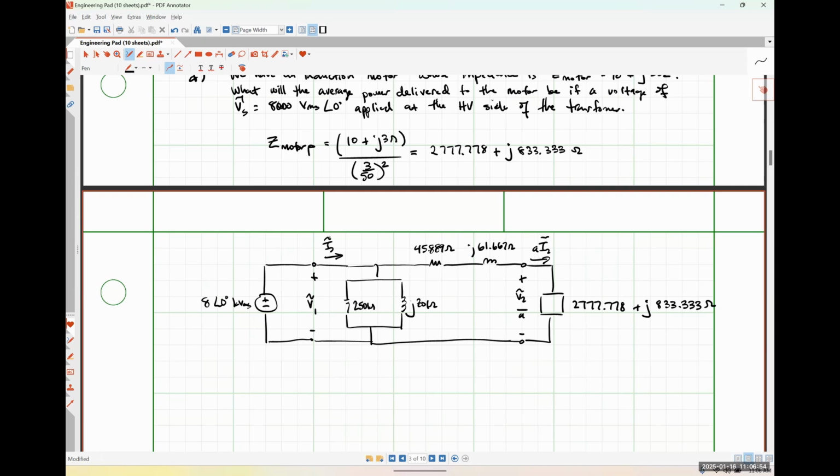So if I were interested in finding the power, let's say complex power, just for the sake of argument, and because once we know the complex power, we can very easily find the average power, which is what we're looking for, I really only need to know either the voltage drop across that reflected load, or the current flowing through that reflected load, right? So I'm going to find the current flowing through the reflected load. Okay.